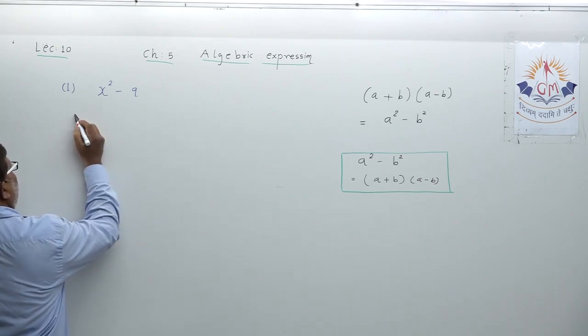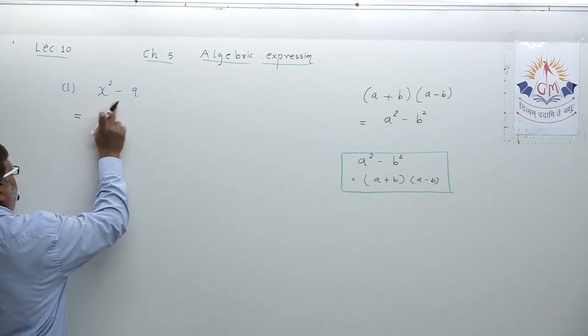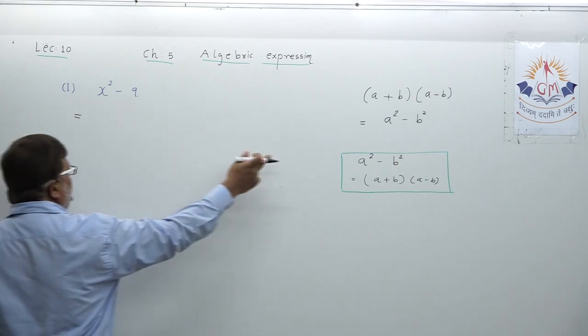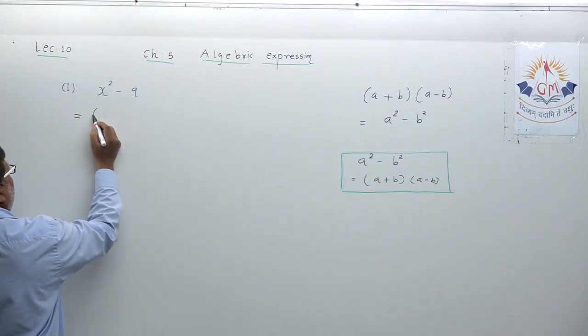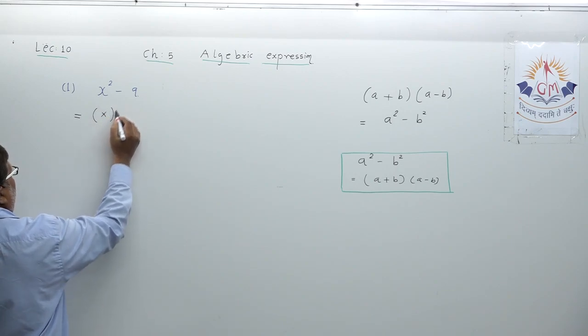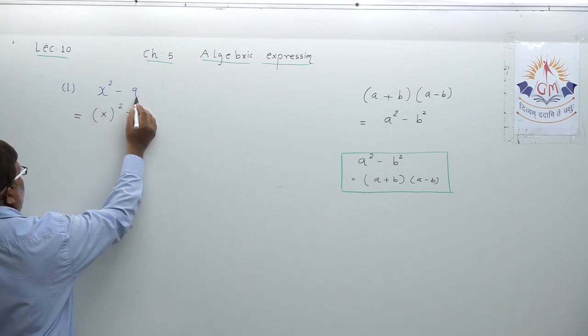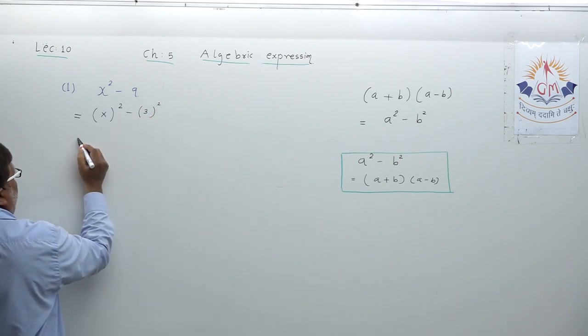What do you have to do first? Express this polynomial in the format of a square minus b square. So first, the square root of this x square minus the square root of this 3 square.